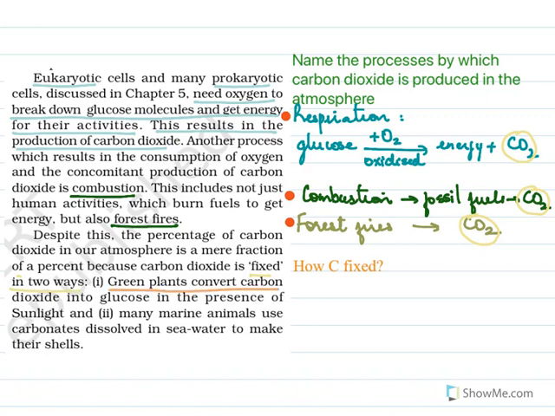Green plants convert carbon dioxide into glucose in the presence of sunlight, and that process is called photosynthesis. So in photosynthesis, carbon dioxide is taken in and oxygen is produced.